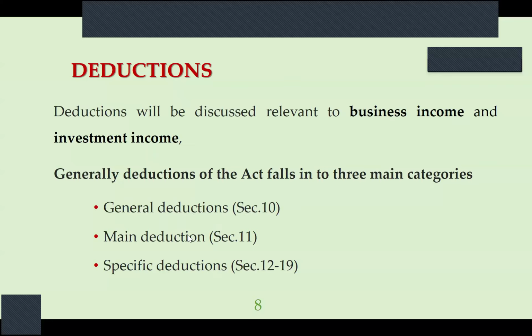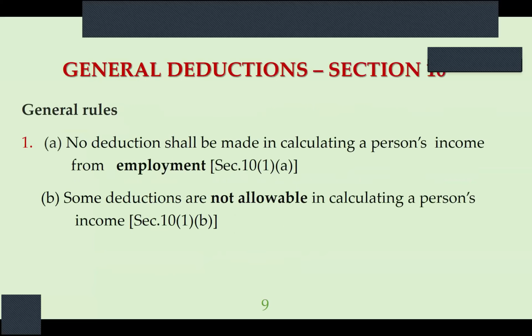Then the main deduction rule is available under section 11. Then specific deduction rules are there, from section 12 to section 19. So all these sections we should know how to apply for the calculation of business income or investment income.